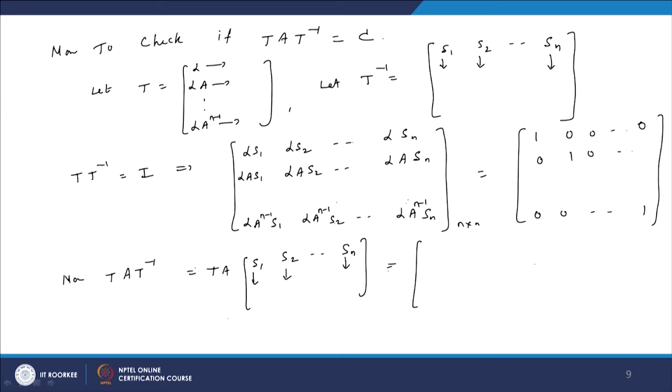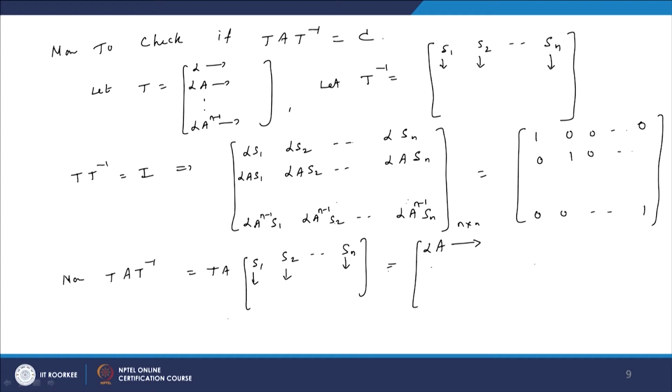The first element is T, the first one, okay, again we have to write alpha times A. The first row alpha multiplied by this matrix will give the first row.